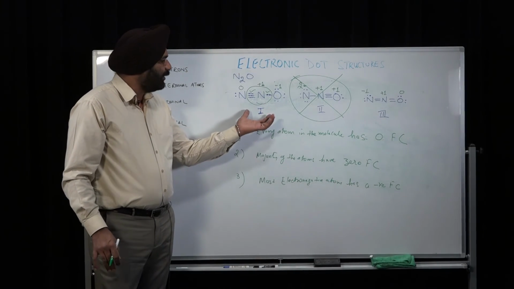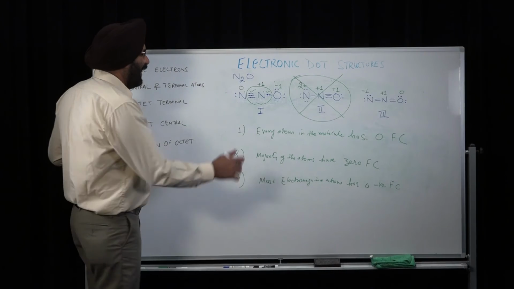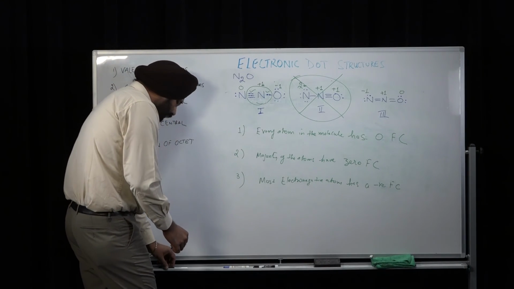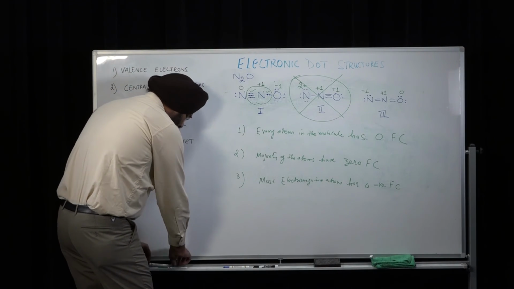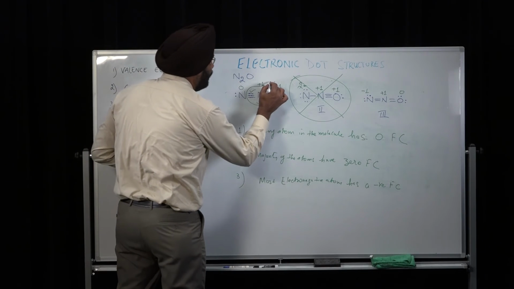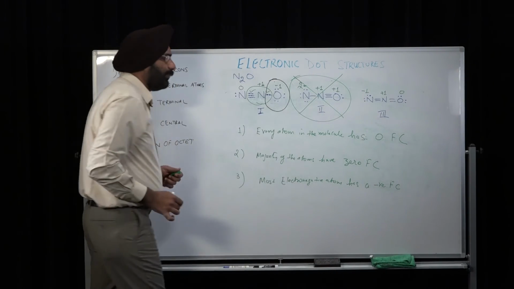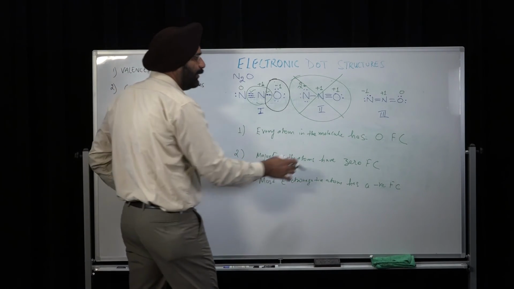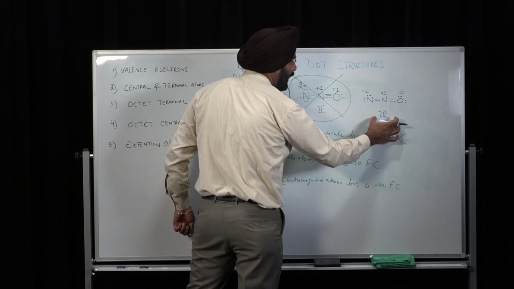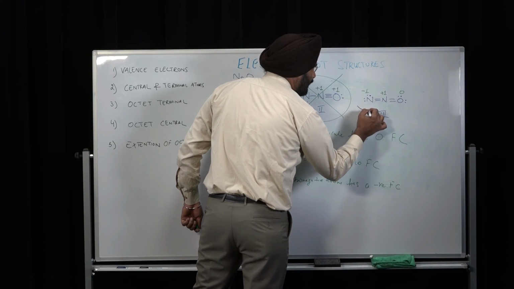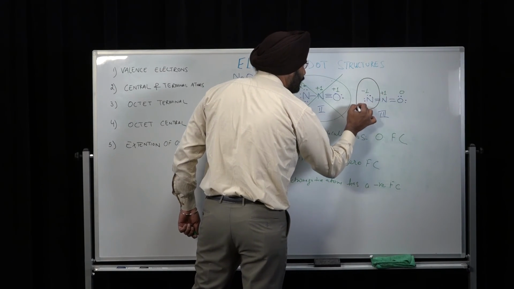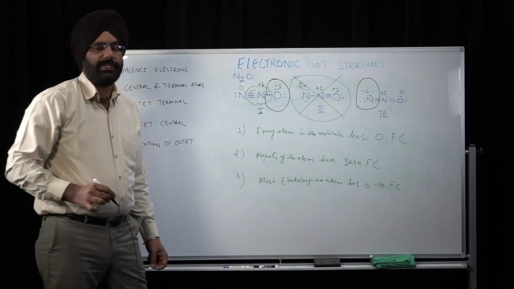So when I look into structure 1, the oxygen here has one negative formal charge, right? And when I look into structure 3, it is the nitrogen which carries a negative formal charge.